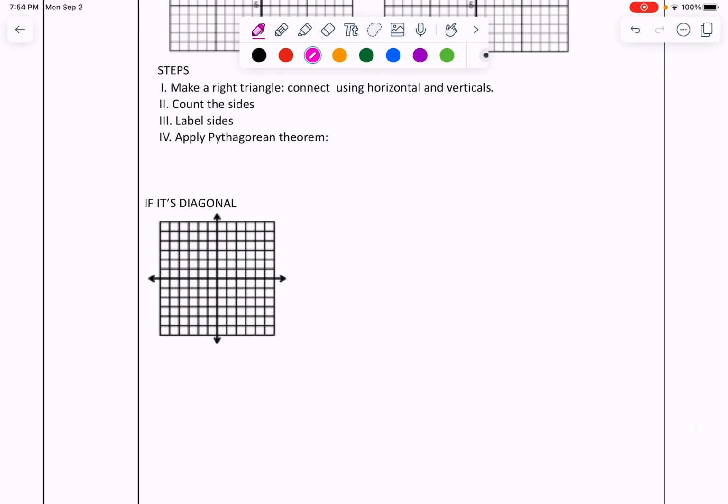If it's diagonal, you can't count those kind of lines because it doesn't work quite the same way. So if I have a point that looks like this, and we'll pretend that that line's straight.